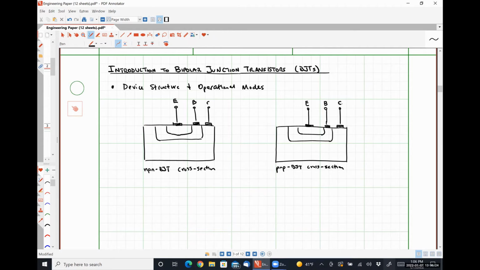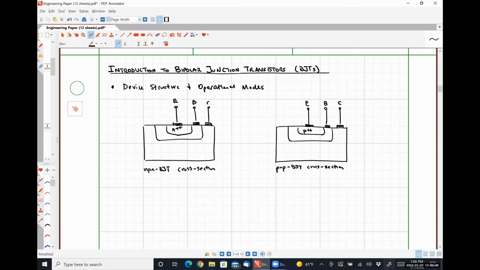So for an NPN BJT, our emitter is very heavily N-doped. So I'm going to call that N++. And similarly for our PNP transistors, we have a very heavily doped P-type emitter.